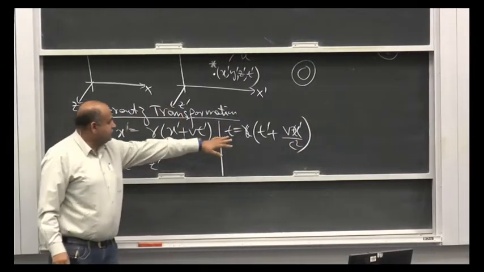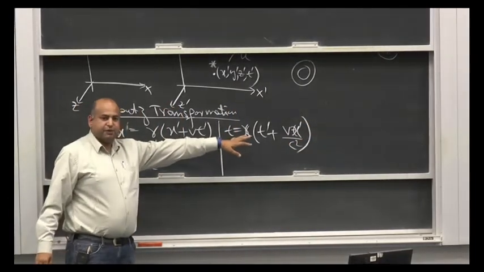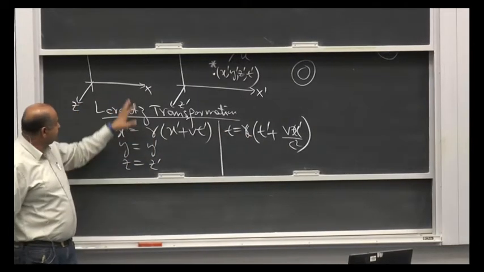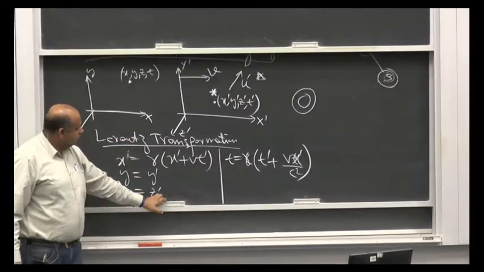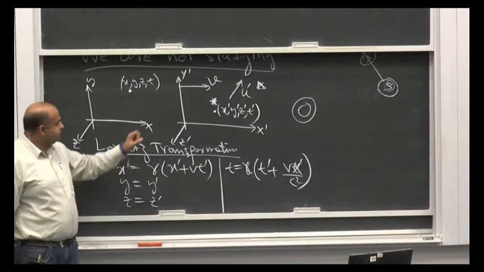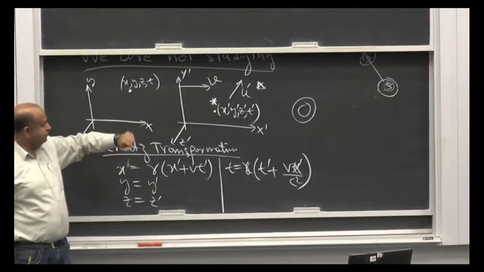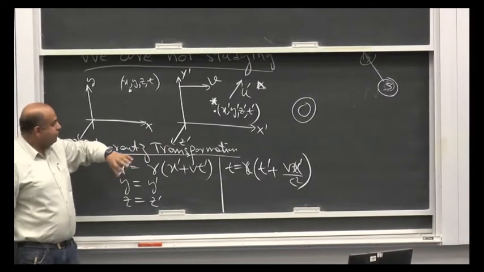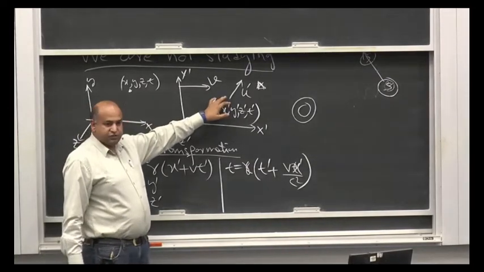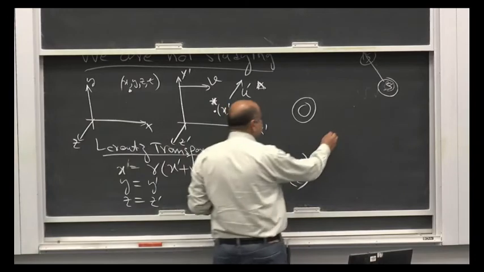So this is how the time and space transform into time and space in this frame. These are the Lorentz transformations which connect the coordinates in one frame to another frame. We are not going to be bothering about this. Based on this, we can find the velocity transformations, which are something like these.